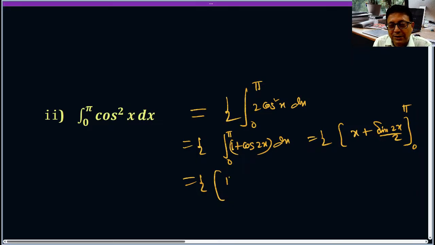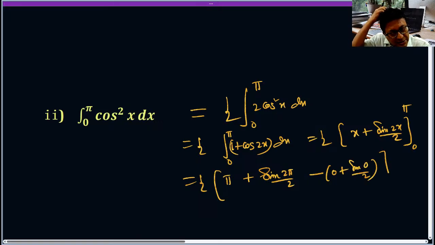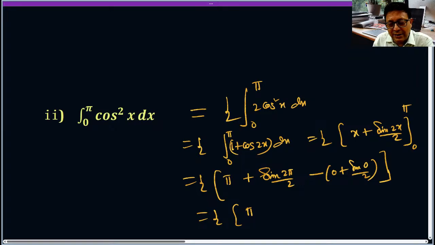Put upper limit pi plus sin 2 pi by 2, minus 0 plus sin 0 by 2. Okay? So it is half into pi, finished, because sin 2 pi is 0, sin 0 is also 0. So answer is pi by 2. Okay? Clear?